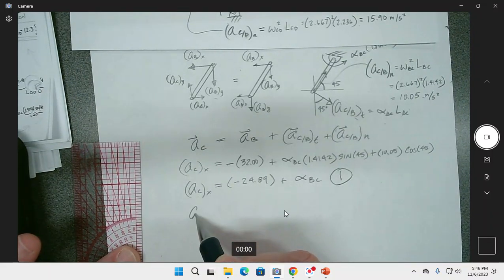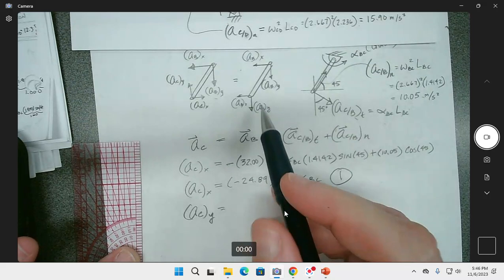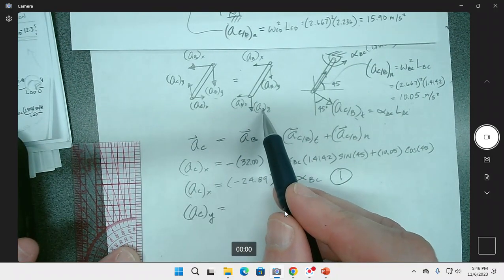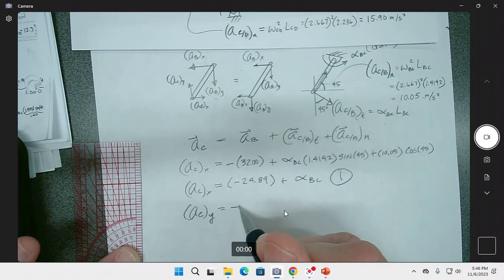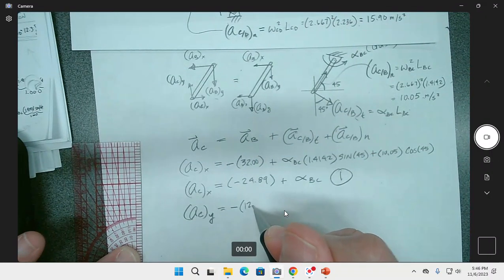So acceleration of c in the y direction is going to be equal to, let's see, this is going to have a negative ABY, and that value we found out was 12 earlier.